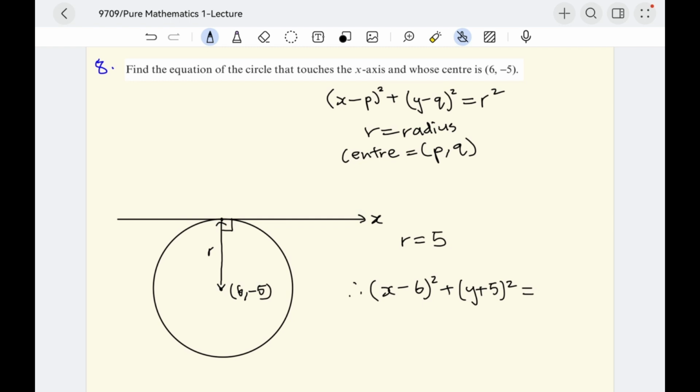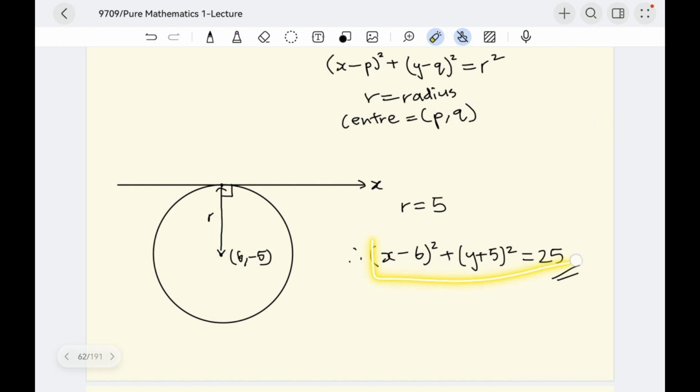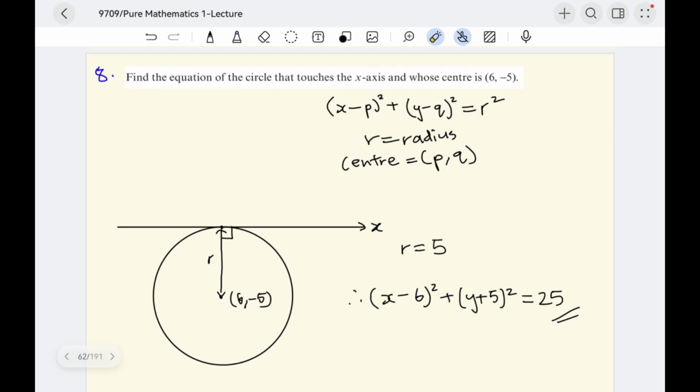What is radius squared? 5 squared is 25. Or in the alternative form, you can expand these two terms and simplify, which is also acceptable, as long as your equation is equivalent to this standard form. That's all for this question.